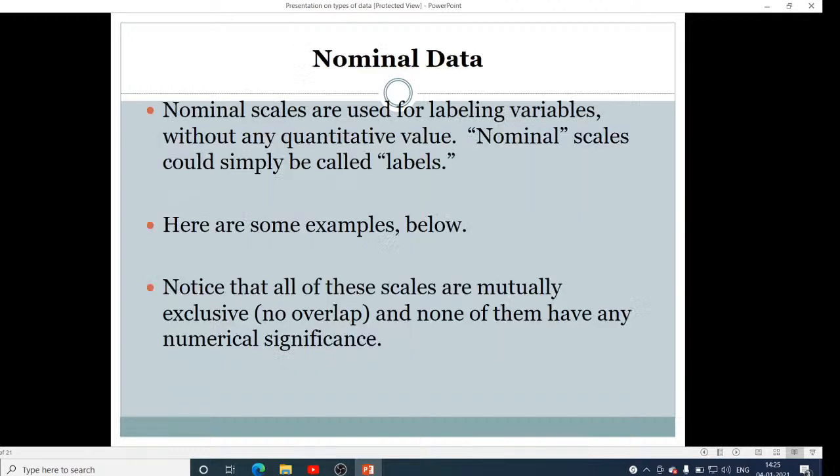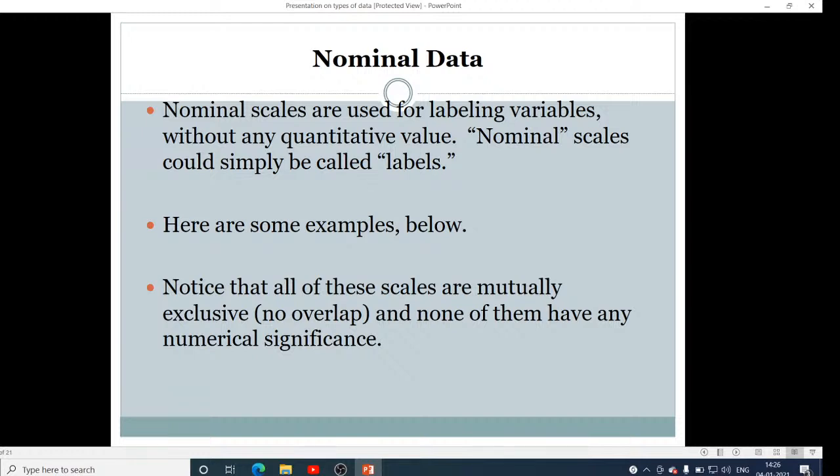Okay. The next one is nominal. What is nominal? Nominal scales are used for labeling variables without any quantitative value. You already know what quantitative is. Nominal scales could simply be called labels.